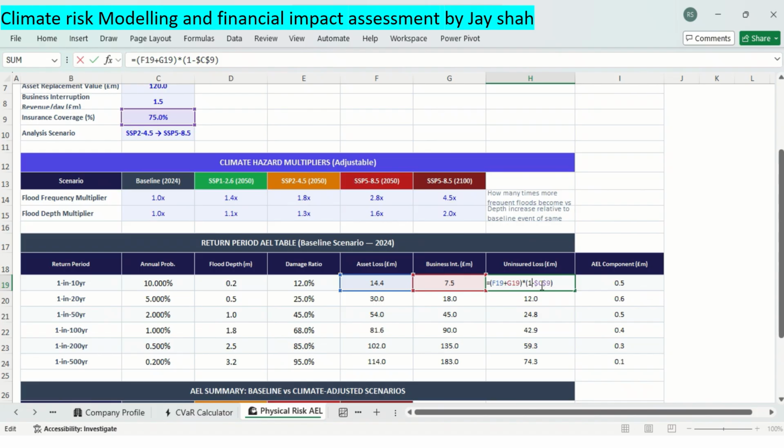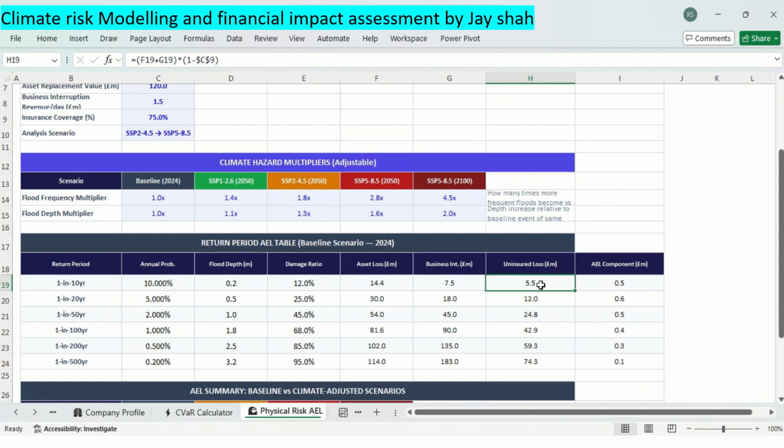If insurance covers 75%, then 25% is uninsured, and C9 is an absolute reference to the insurance coverage cell, so all rows use the same rate. Critically, the C9 cell, which is 75 percent, means you can change the insurance coverage once and all 6 rows update.